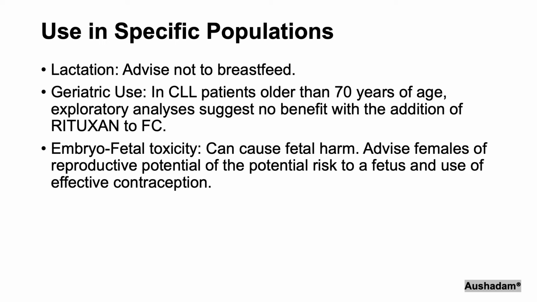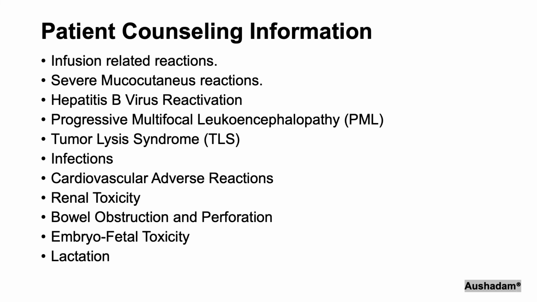And in CLL patients older than 70 years of age, in an exploratory analysis, there was no benefit in addition of Rituxan to FC, or fludarabine cytoxan. So these are the listed important counseling points when we talk to patients about rituximab.